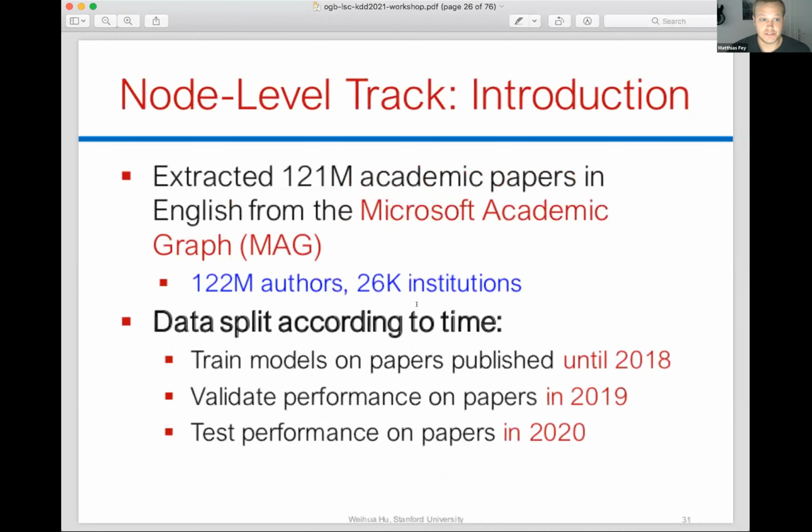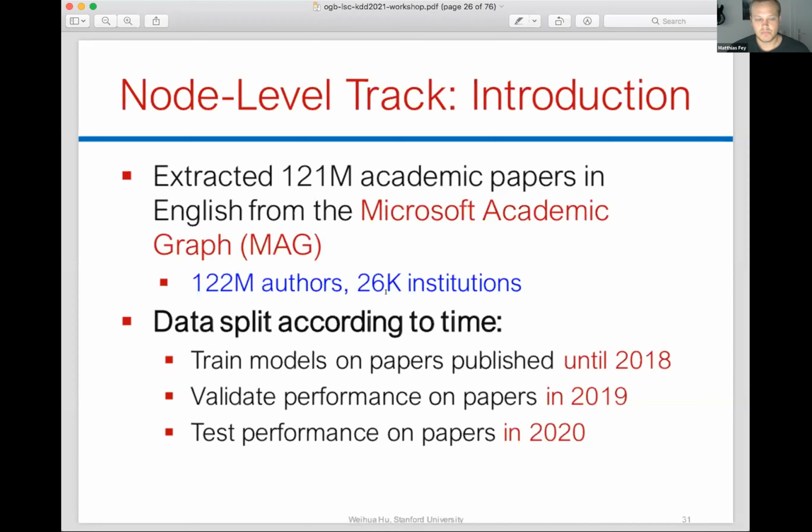For dataset creation, we downloaded the complete set of 121 million academic papers in English from the Microsoft Academic Graph. Those papers also come with 122 million authors that are affiliated to 26,000 institutions. For dataset splitting, we split the data according to time, which models a realistic scenario in which we want to label newly submitted papers to arXiv based on previous submissions.